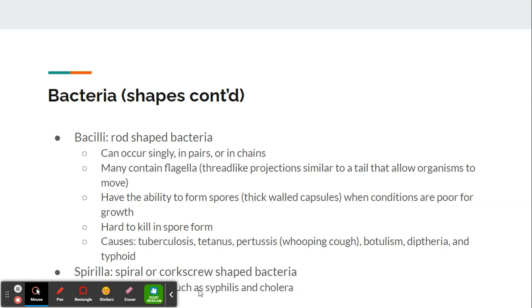When we're looking at our shapes, again, where you have bacilli, which are rod-shaped, we can see these either singles, in pairs, in chains. They might have a flagella or a projection that's similar to a tail that helps them move. These are going to have the ability to form spores or a thick capsule around their outside.